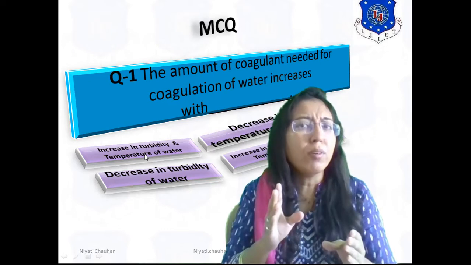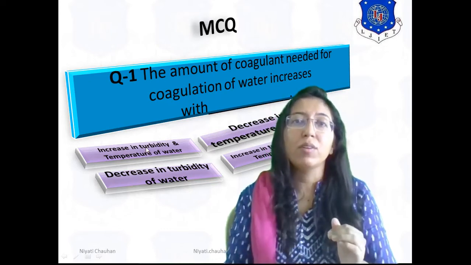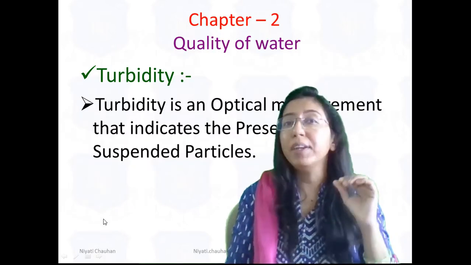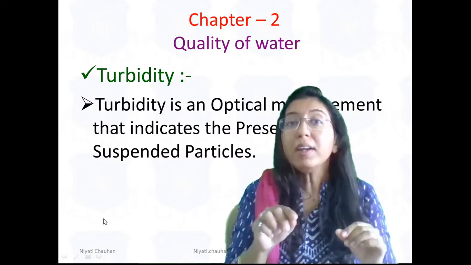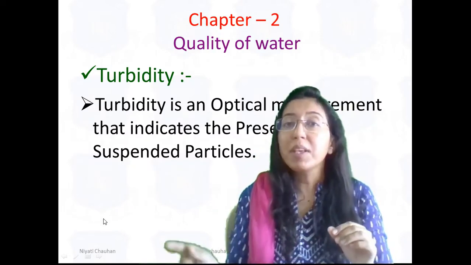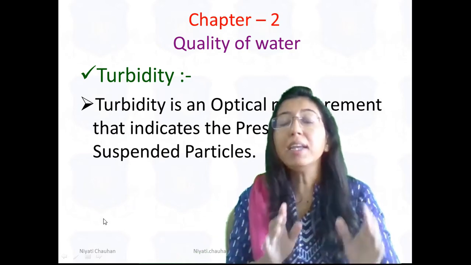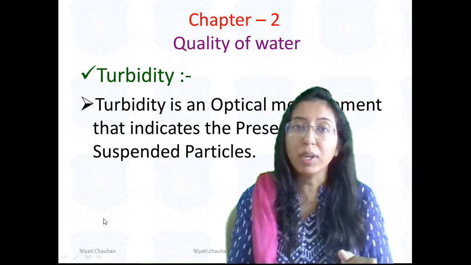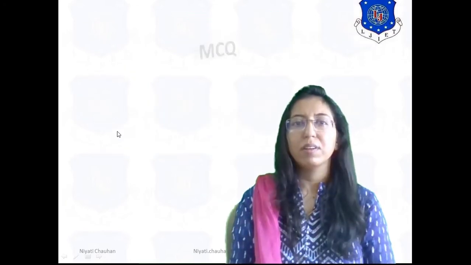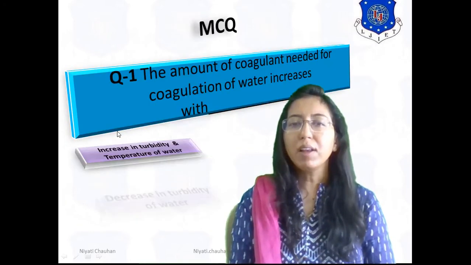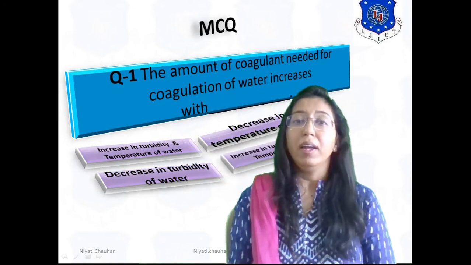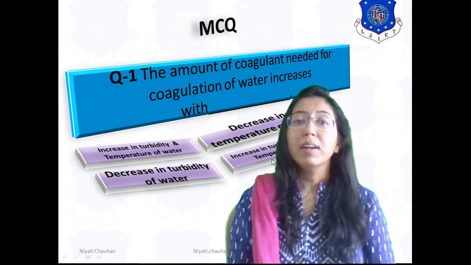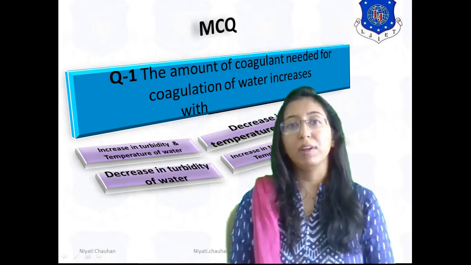First you have to know about turbidity. In chapter 2, I discussed turbidity. Turbidity is an optical measurement that indicates the presence of suspended particles. So here the answer will be increase in turbidity and decrease in temperature of water.